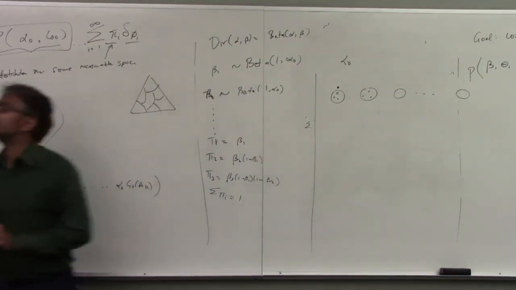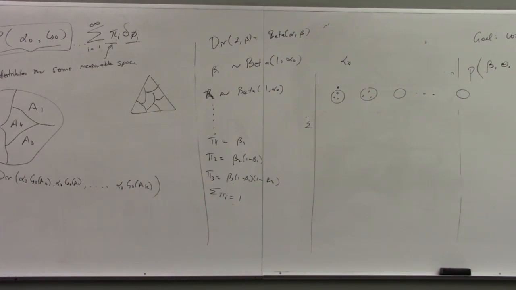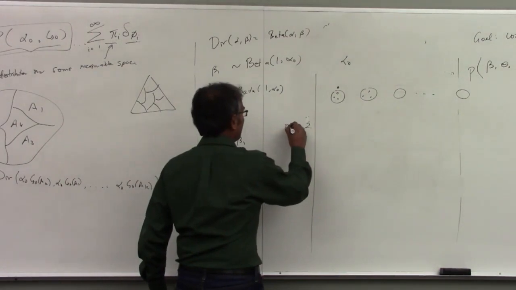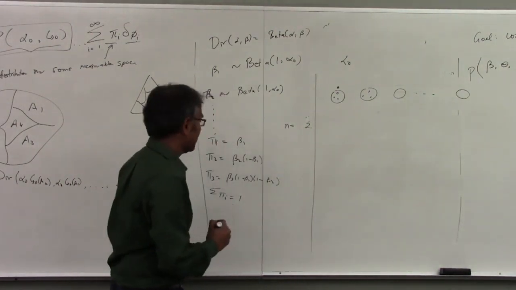So the way the process works is, let me see how to write this out. Okay. So let's say n is now the nth person comes in. So n is equal to 2. Okay.